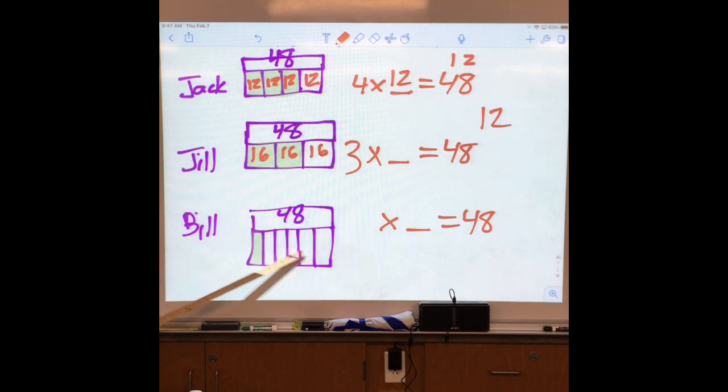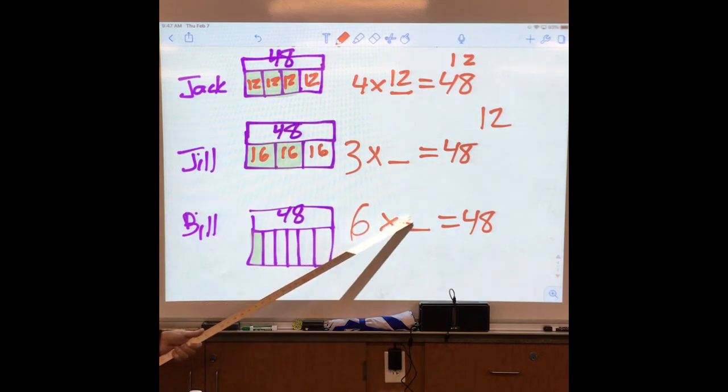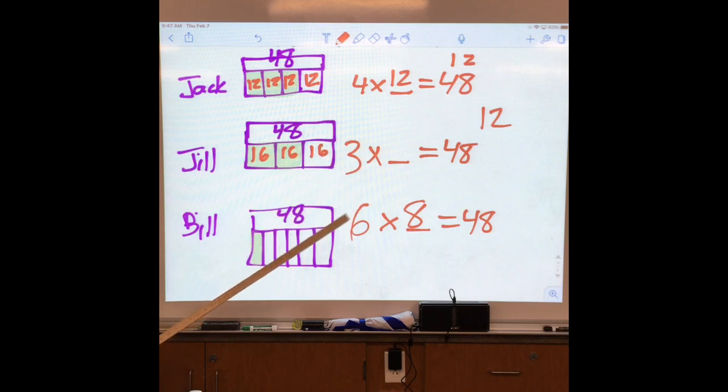How many boxes does Bill have? 1, 2, 3, 4, 5, 6. So we're going to say 6 times what is 48. So 6 times 8 is 48. So what goes in each one of these boxes? Well, an 8, right? How much did he spill? Well, he spilled 1, 2, 3, 4, 5 8s. 5 times 8. So Bill spilled 40.